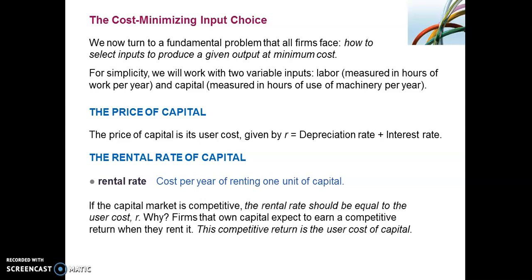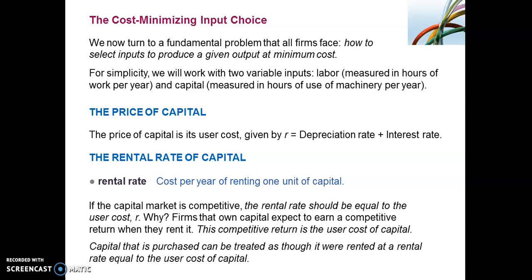Now, if the capital market is competitive, then the rental rate should be equal to the user cost R. And the question we ask ourselves is why? So, a firm that owns capital will expect to earn some competitive return if they were to rent it. So this competitive return is the user cost of capital.